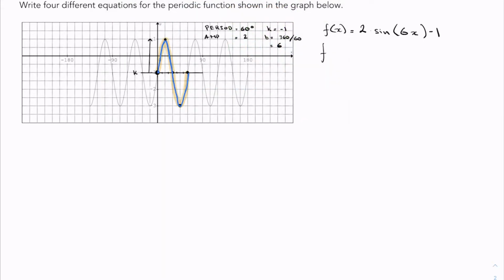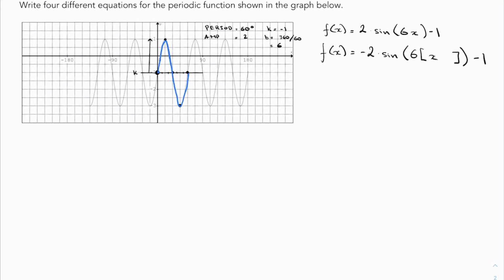So I'm going to have f of x equals -2, because it's a negative sine function, times sine 6x, phase shift, whatever it is, -1. So what is our phase shift? Well, let's go back to our original function.